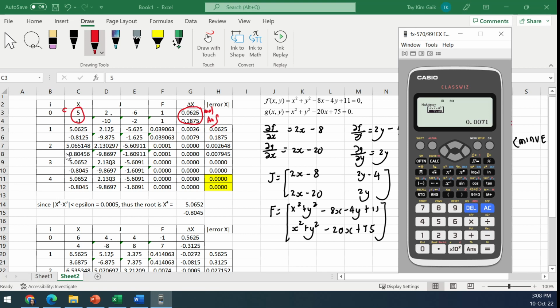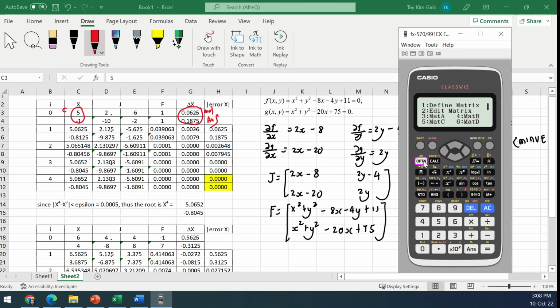And then you need to calculate x number 2. So options, you take this one plus the previous answer, and oh, this one we already.